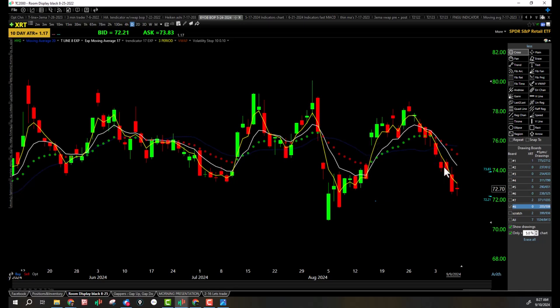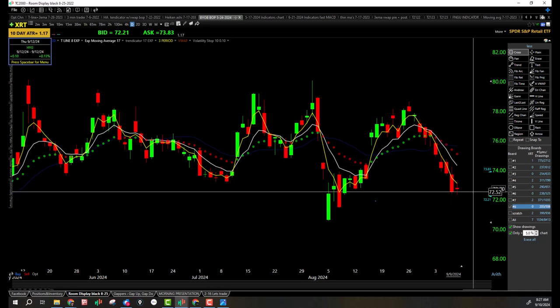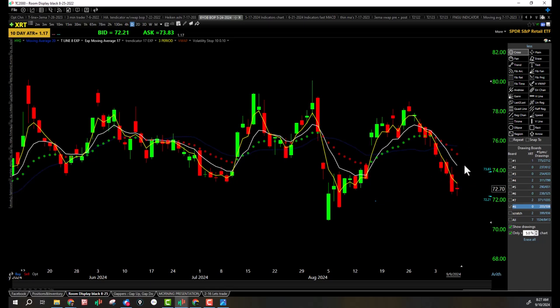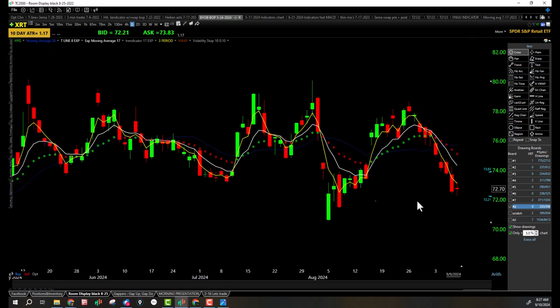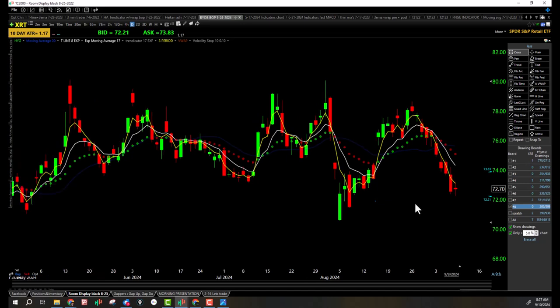All right, you want to watch the price action. It's melting off. You've got 1, 2, 3, 4, 5, 6, 7, 8 red candles in a row. All right, we really don't want to be buying this till we find a bottom on support and we see the bulls step in. Even though it's in a downtrend and it did move up nicely here, really not ready yet. Okay, so there's XRT, still in a downtrend.